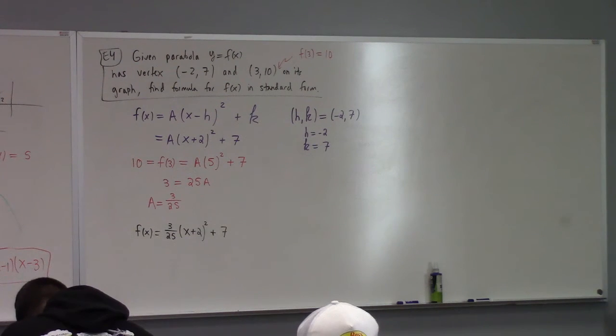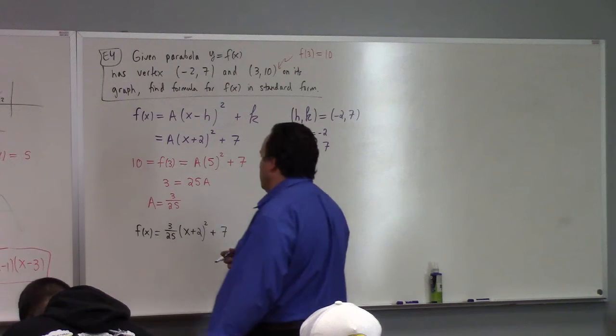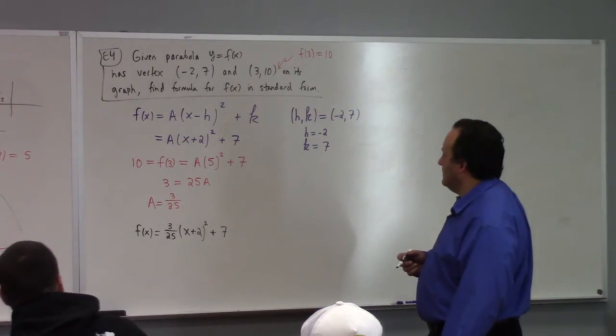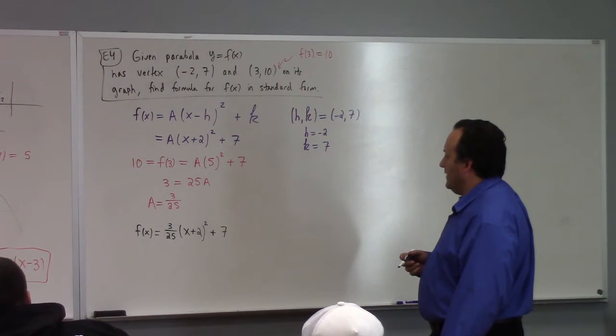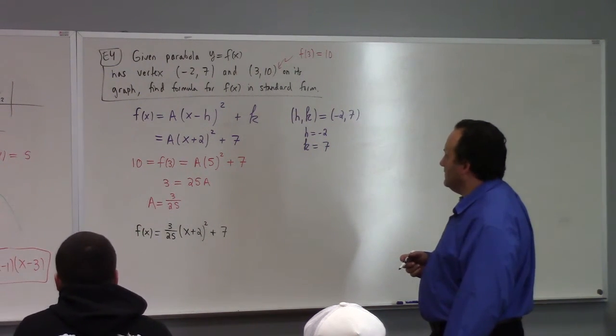Wouldn't it be 10? 10? Not 3? What have I done? You subtracted 7. What happened to the 7?